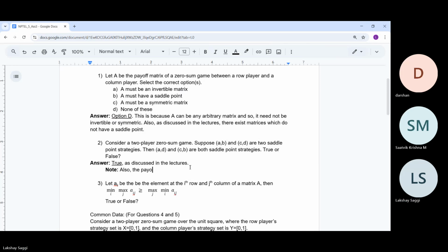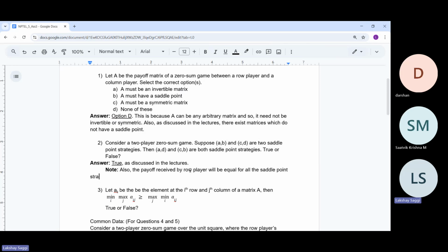Also, the payoff received by the row player will be equal for all saddle point strategies.